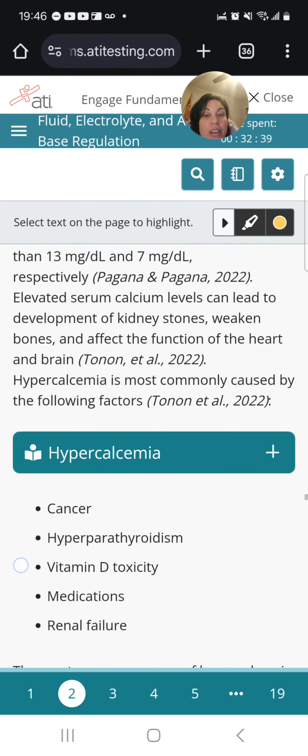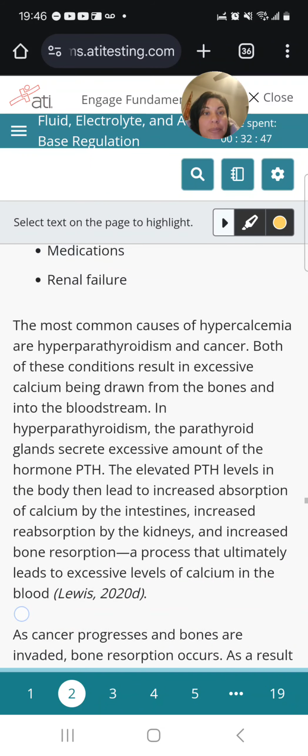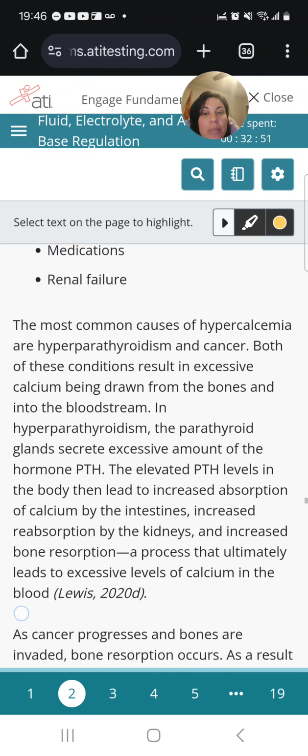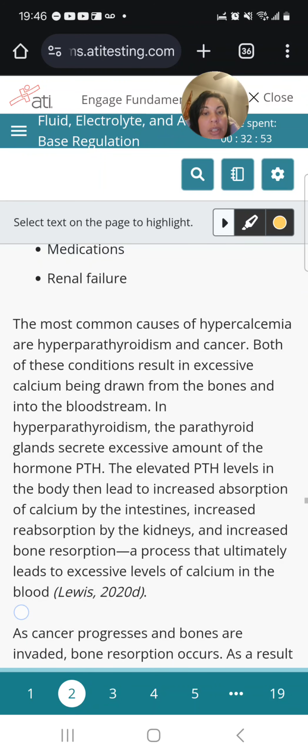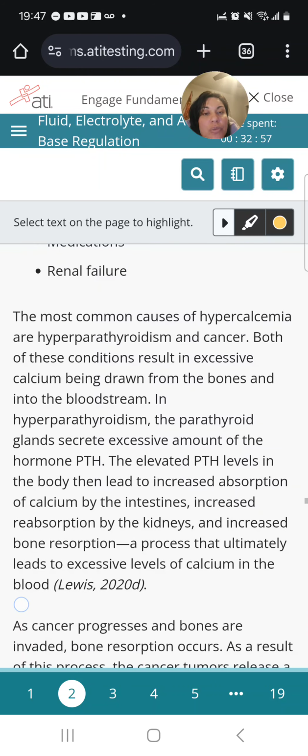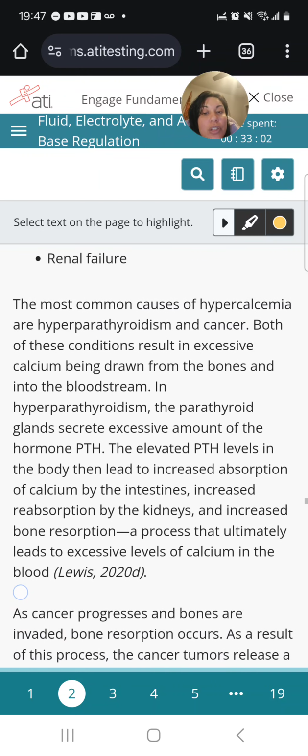Hypercalcemia is most commonly caused by the following factors: cancer, hyperparathyroidism, vitamin D toxicity, medications, and renal failure. The most common causes are hyperparathyroidism and cancer. Both of these conditions result in excessive calcium being drawn from the bones and into the bloodstream.